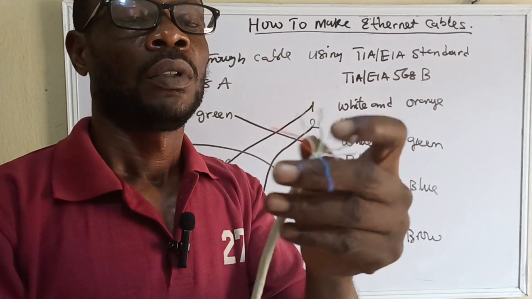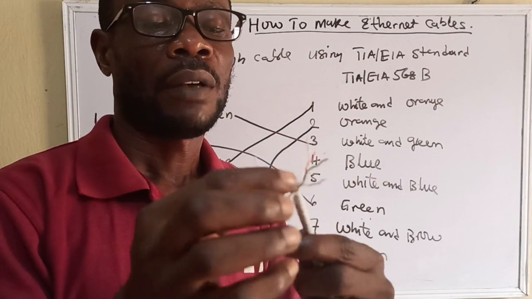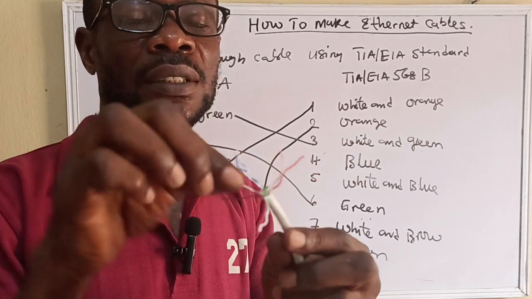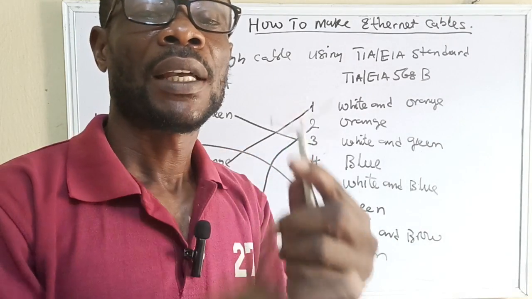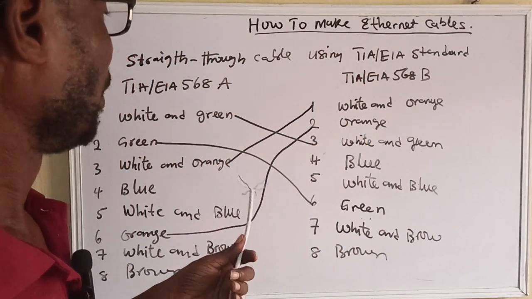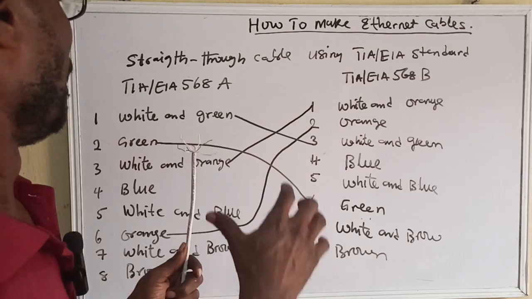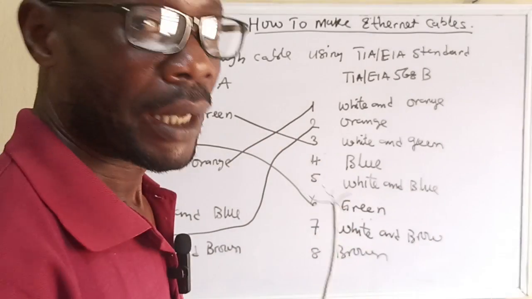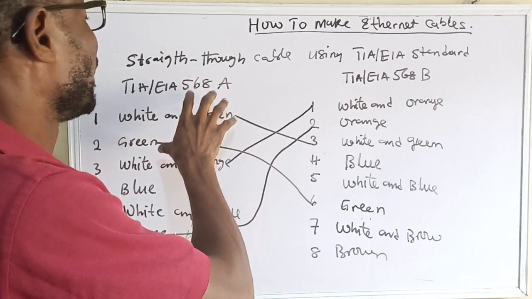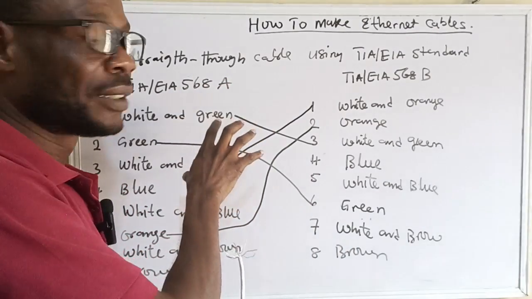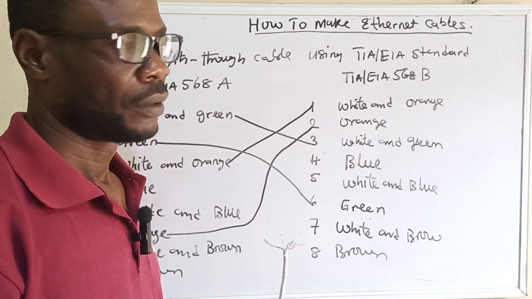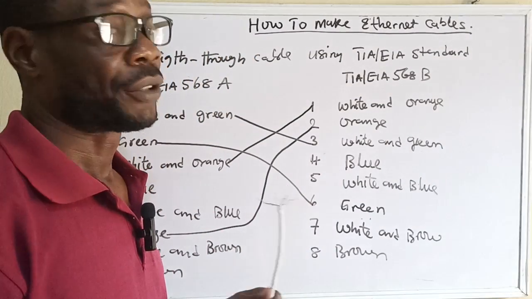So I've untwisted the other end of this cable. Remember that if you really want to make a cable, you either use the A wiring standard or the B. What am I trying to say?